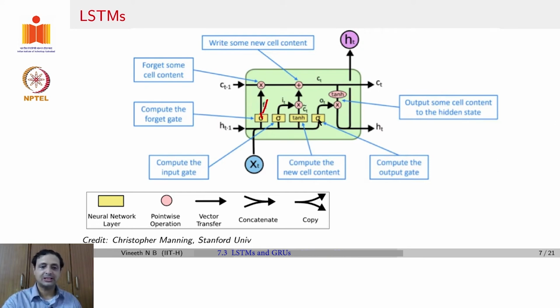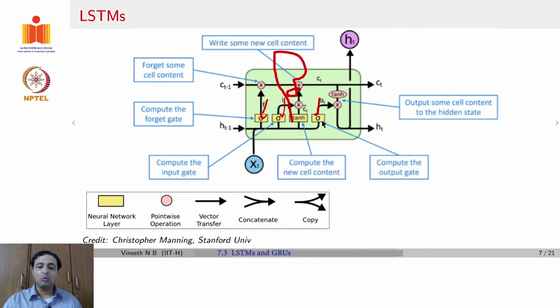So these ones are sigmoid activation functions, and the reason we use sigmoid here is because we want the output to lie between 0 and 1. So the input gate along with a tanh activation function decides how much of the input should be written and also adds that new cell content at the end. So that's what happens here.